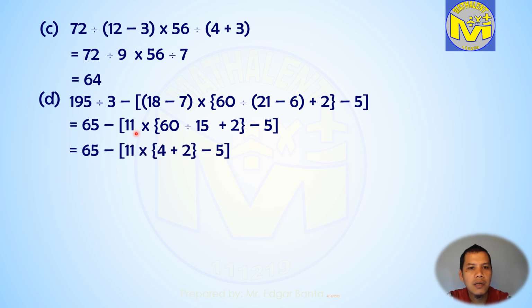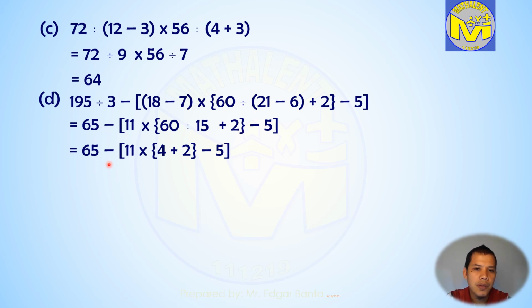65 minus 11 times, now we have 4. 4 is from 60 divided by 15, that is 4, and then plus 2 minus 5. Okay, so we just brought down the numbers.